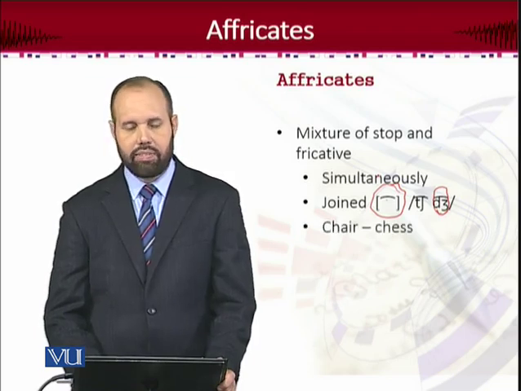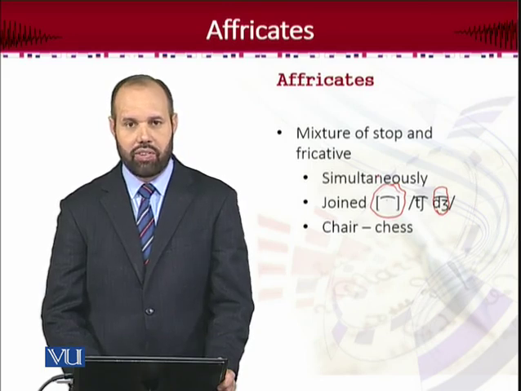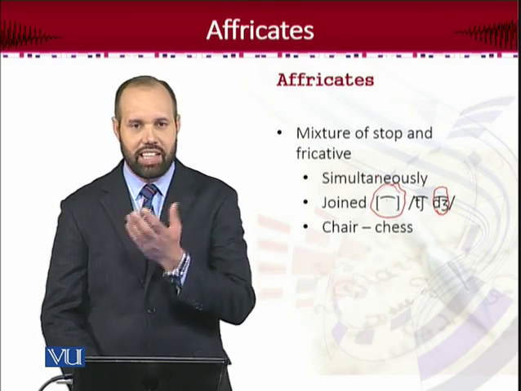For example, the first sound in the word chair, the ch sound, is voiceless. This is a post-alveolar affricate, ch. And it is voiceless because the air flow from the larynx is allowed to come out freely.